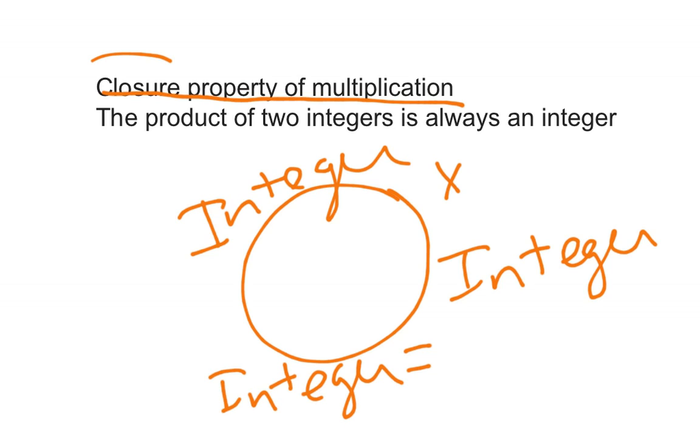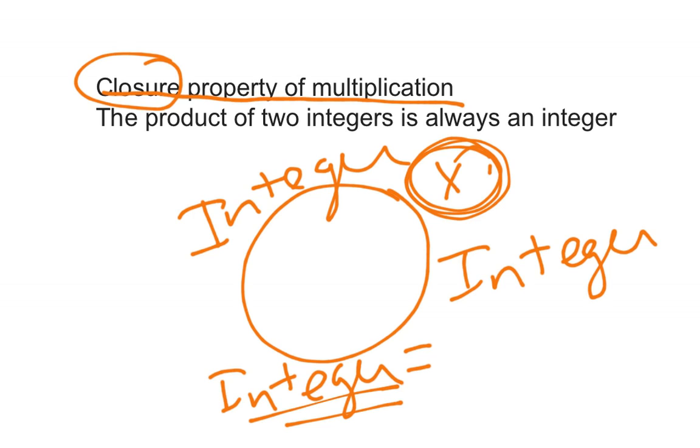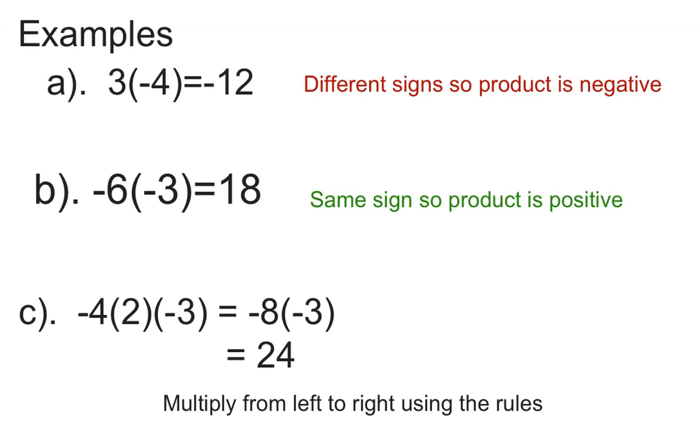So anytime you have a closure property, they're talking about types of numbers that you're operating on. If you operate on those 2 types of numbers and you still get that same family of numbers, then closure has worked. It's almost like an exclusive club. It's closed off. But if you multiply and you get some other number that's not an integer, like a decimal or a fraction, then it wouldn't be closed for multiplication. So copy that third property down, and then we're going to go on to the example problems.